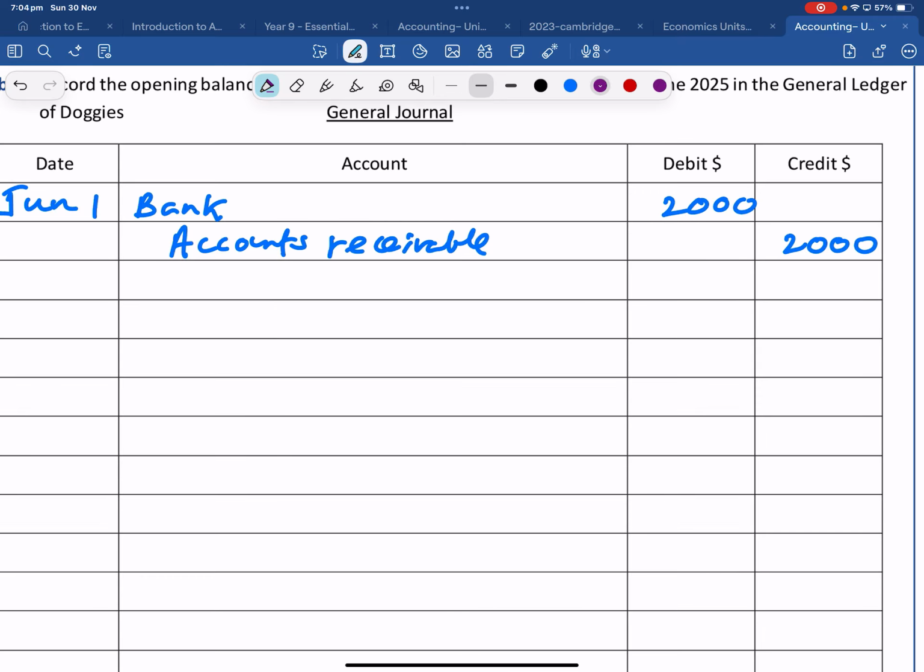Narration is a brief description. Don't write anything yet. Now we would say, what is the transaction? Remember, narration is a brief description. Receipt of cash from Linux.